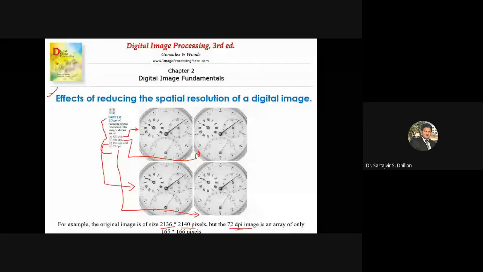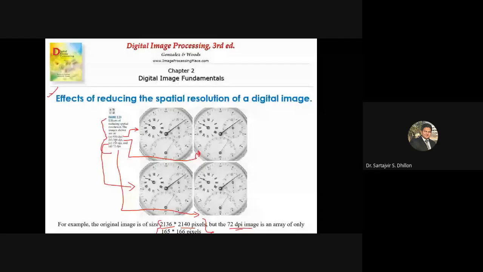So you can also compare this resolution with the help of DPI.